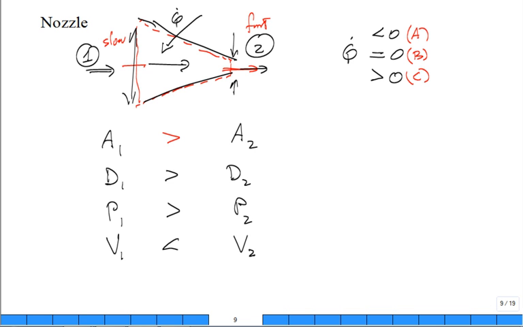All right, next question, W dot. Do you think the standard assumption is that it'll be negative, or 0, or positive? Your answer A, B, or C. What about W dot across the control volume? W dot CV for a nozzle.